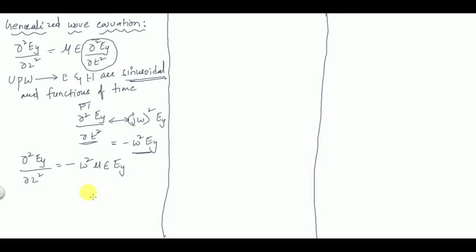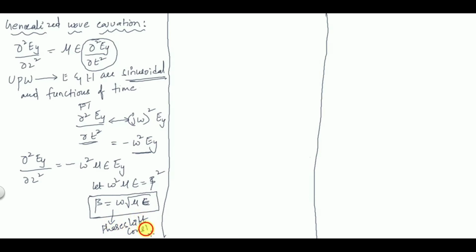Right, so let ω² mu epsilon be equal to β². Then β is equal to ω into root of mu epsilon. This is called the phase shift constant of EM wave.